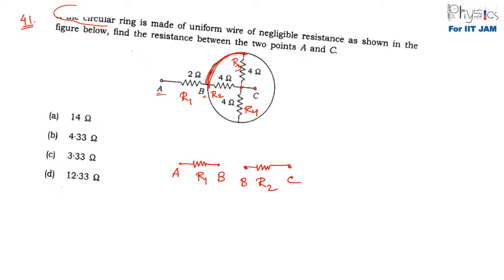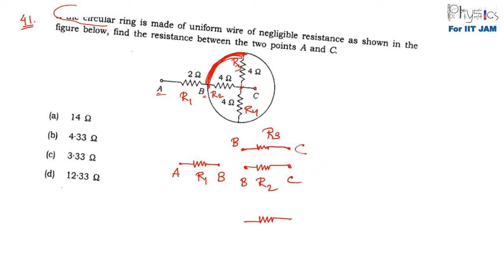Because this is just a wire, just a connection. Here is no resistance, right? So this is again point B. So if it is R3, then one end of it is point C, and the other end is point B, right?